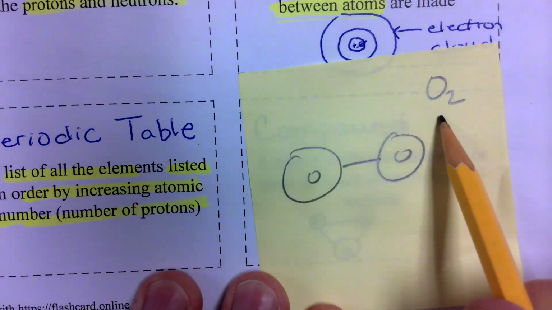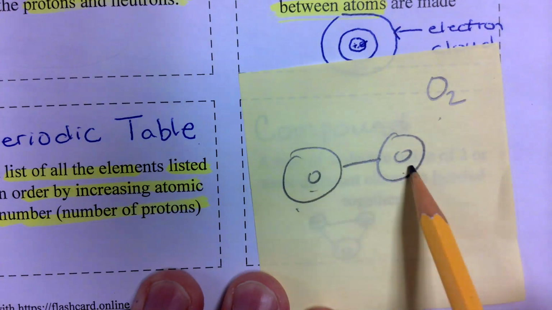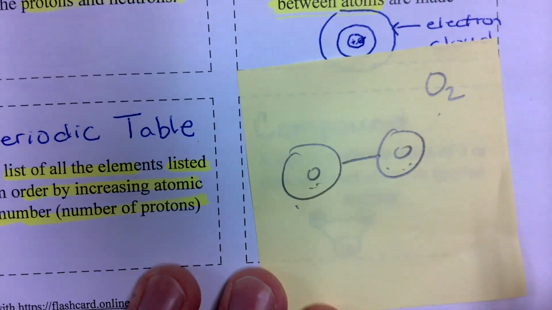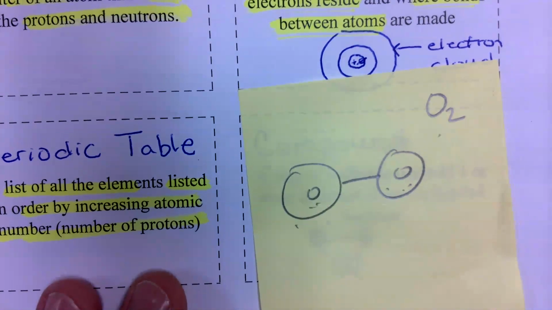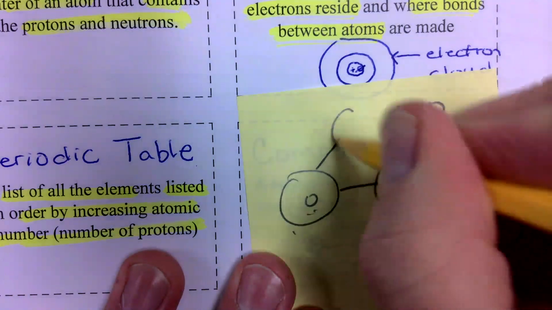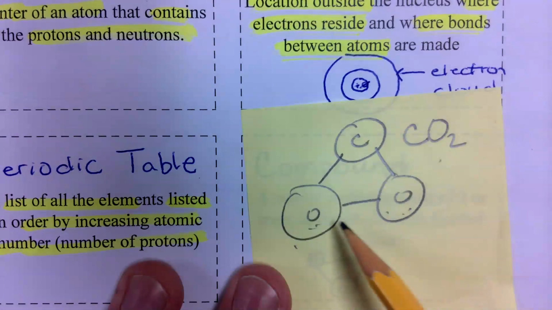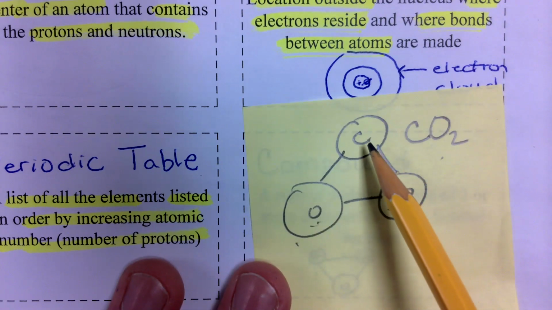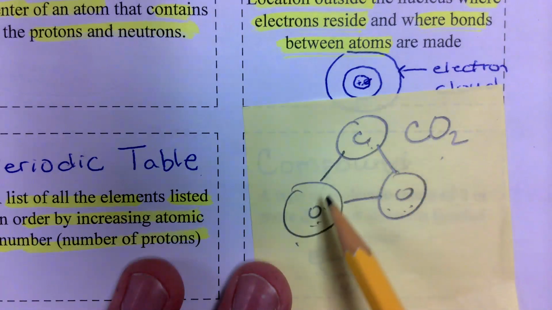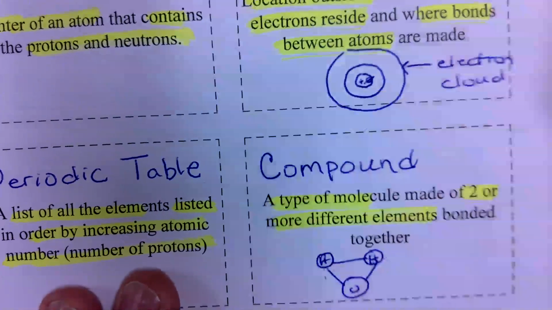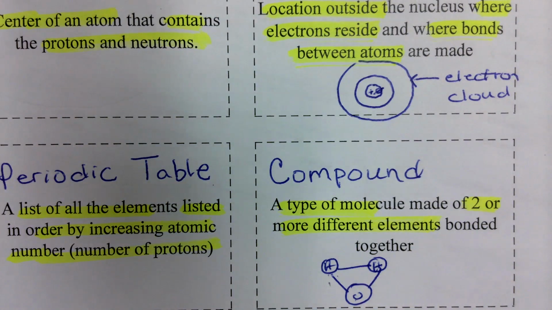This is not a compound. This is a molecule because it has two atoms bonded together, but it is not a compound, okay? Now, if I do this and add a carbon to it, now it's CO2. That is a compound because I have different types of atoms making up this whole molecule. All right? That's important to understand this right here.